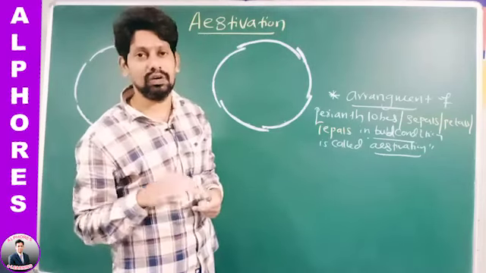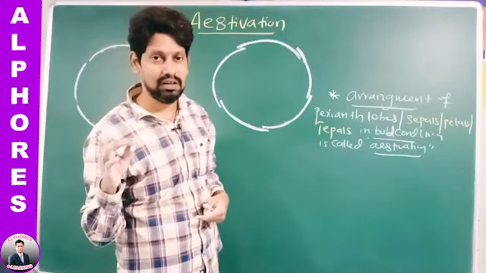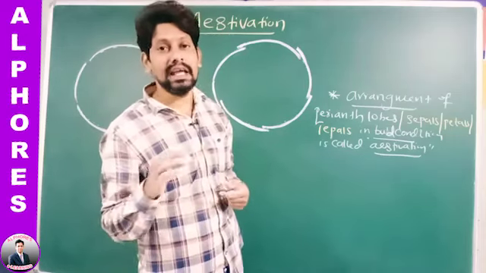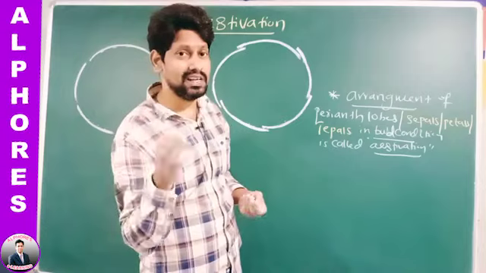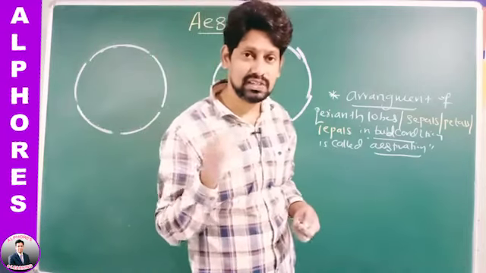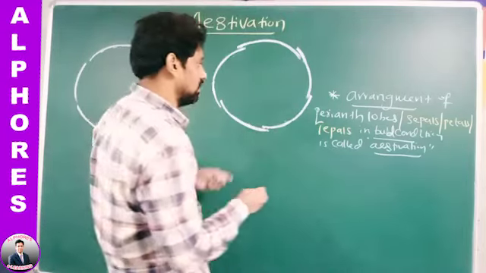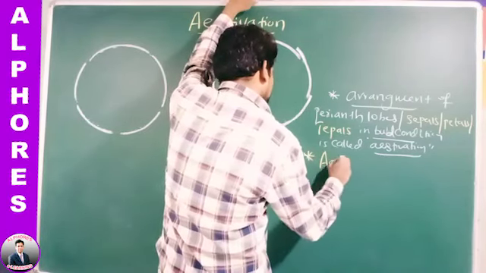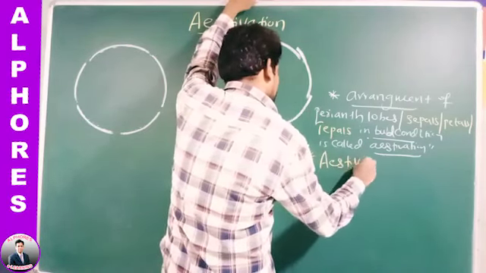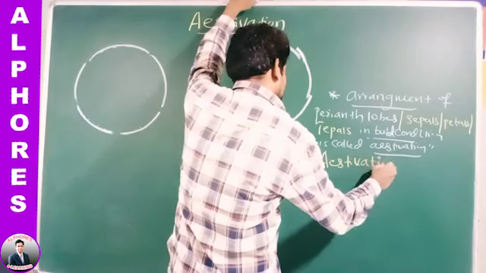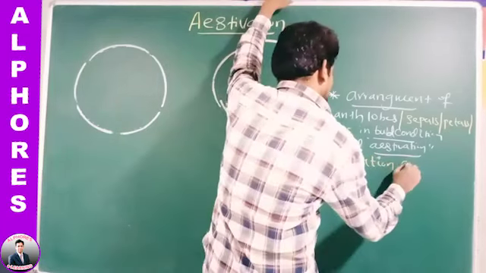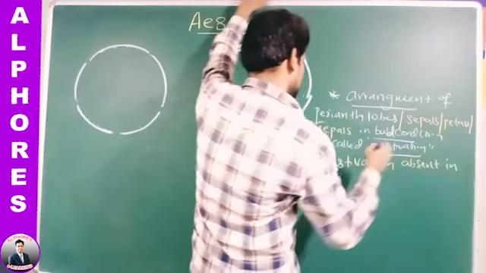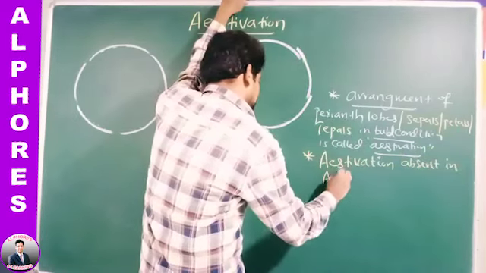I already told you, achlamydeous flowers are flowers without perianth lobes, also called naked flowers. Therefore, estivation is absent in achlamydeous flowers.